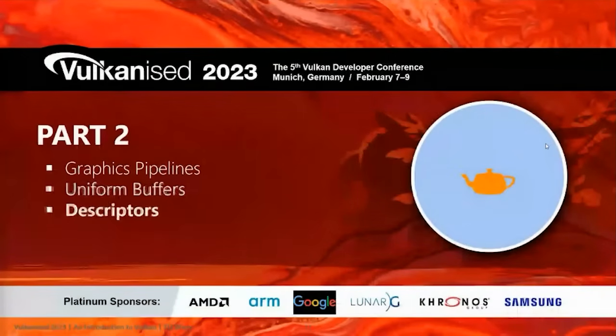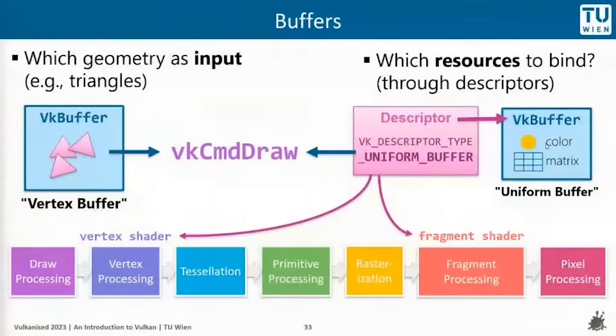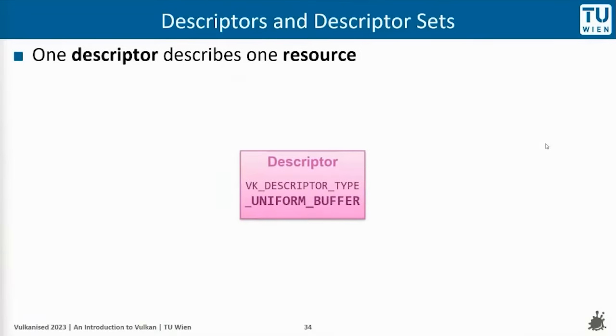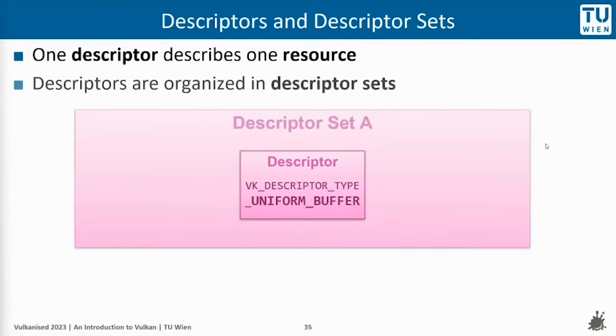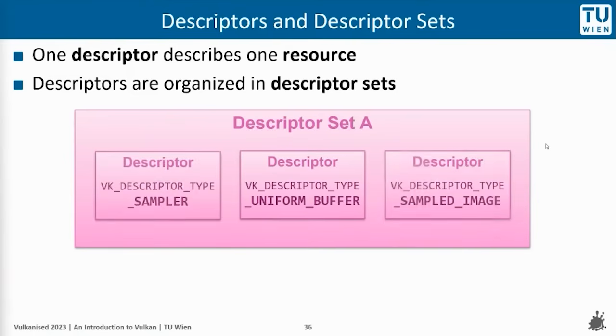Yeah, and let's talk a bit more about descriptors. So we were here. Let's focus on descriptors. Actually, it is not entirely correct to bind descriptors, but we always bind descriptor sets. So a descriptor set is just a set of multiple descriptors. There's nothing wrong with only one descriptor in a descriptor set, but typically it's a group of associated descriptors.